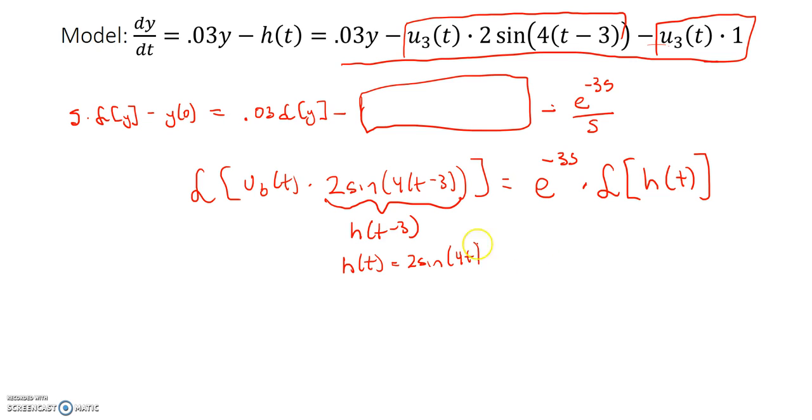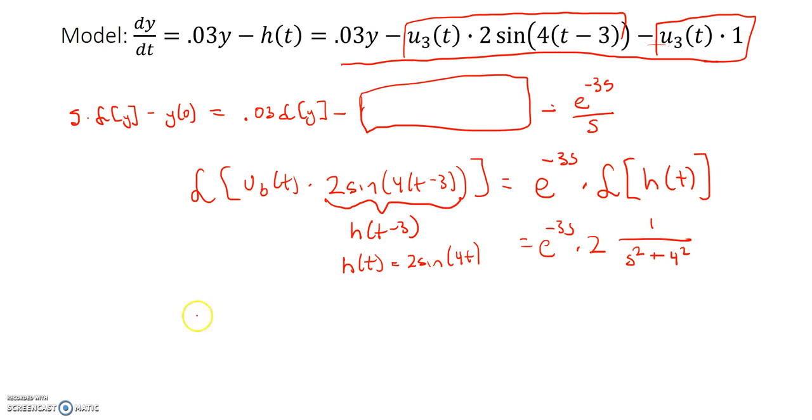All right, well, the Laplace transform of h of t is going to be the Laplace transform of 2 sine of 4t, which, well, 2 is a constant, so I can factor that out, times the Laplace of sine 4t, which is 1 over s squared plus a squared, where a is the coefficient here, so this will be s squared plus 4 squared.